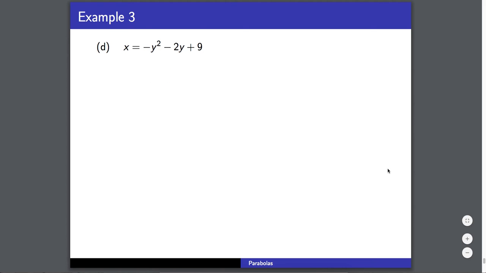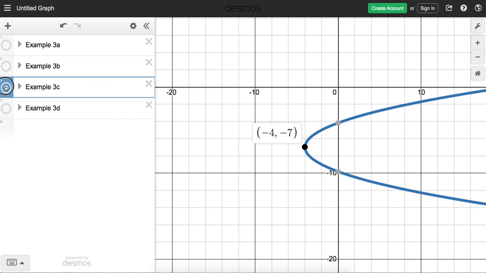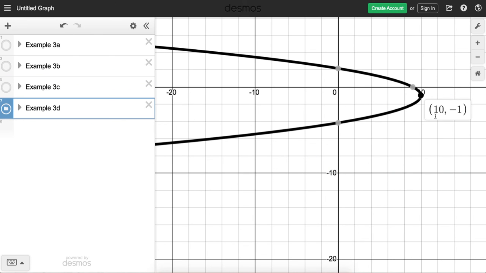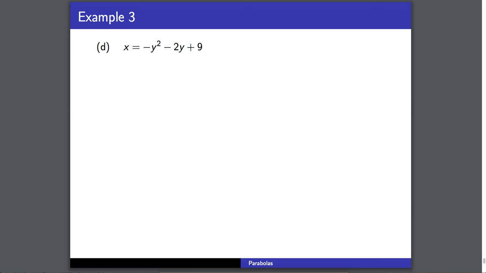All right, part D, we have x equals negative y squared minus 2y plus 9. So let's see that one. And okay, don't have to adjust it. This time our vertex is at 10, negative 1. Our value of a is negative 1. So it becomes x equals negative the expression y plus 1 in parentheses squared, and then plus 10.